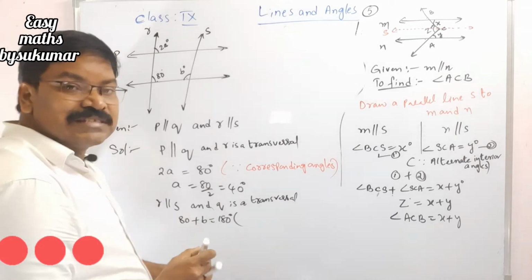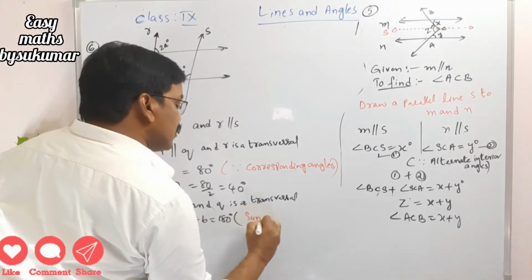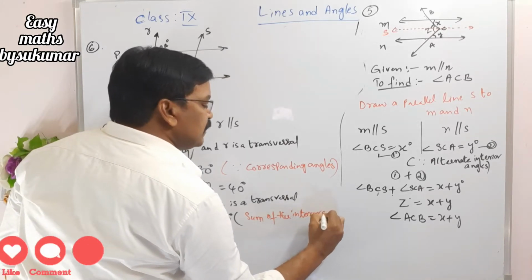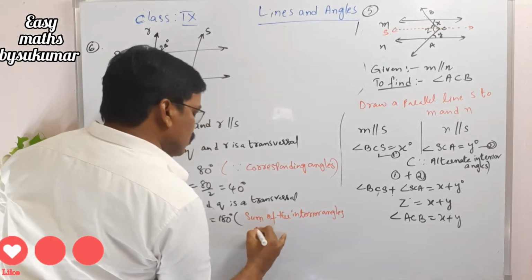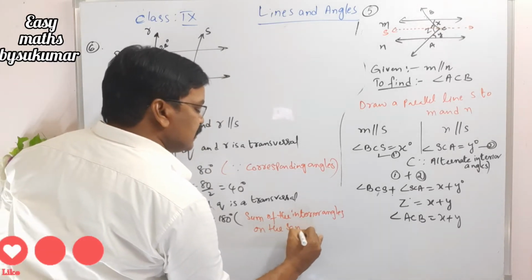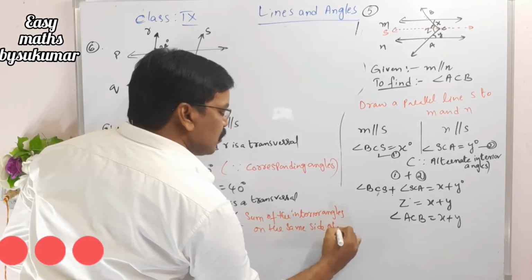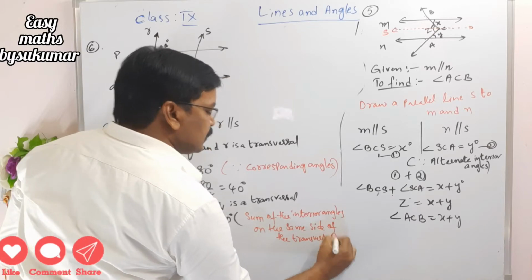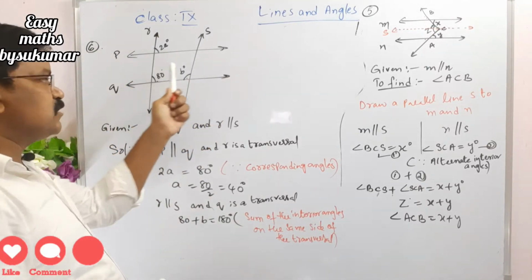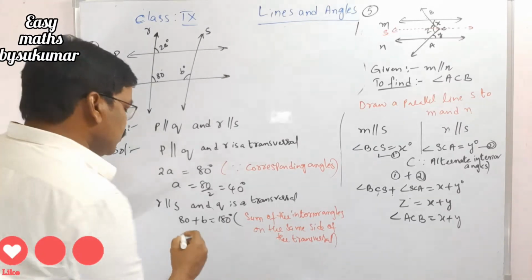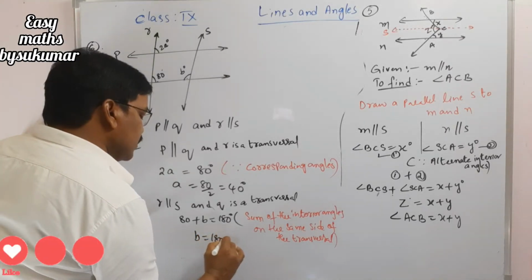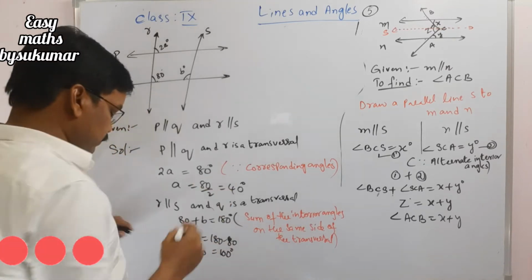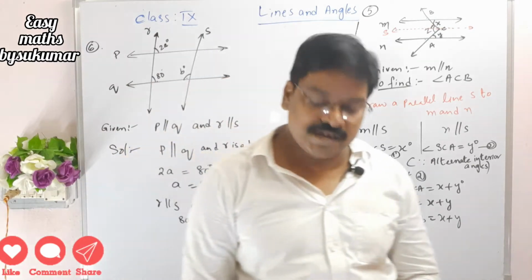The reason is the sum of the interior angles on the same side of the transversal is 180 degrees. Therefore, b is equal to 180 minus 80, so it is equal to 100 degrees. Therefore, b is equal to 100 degrees.